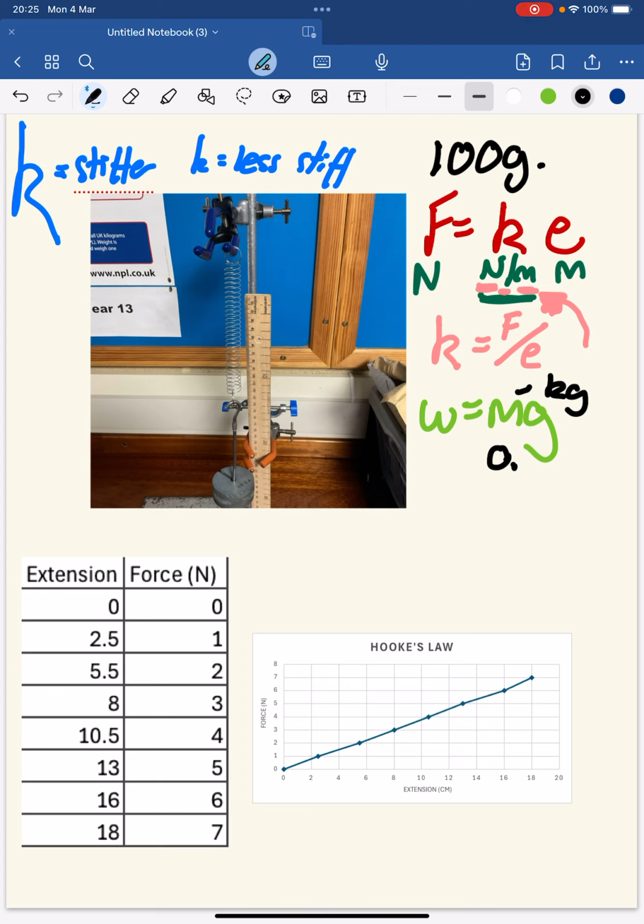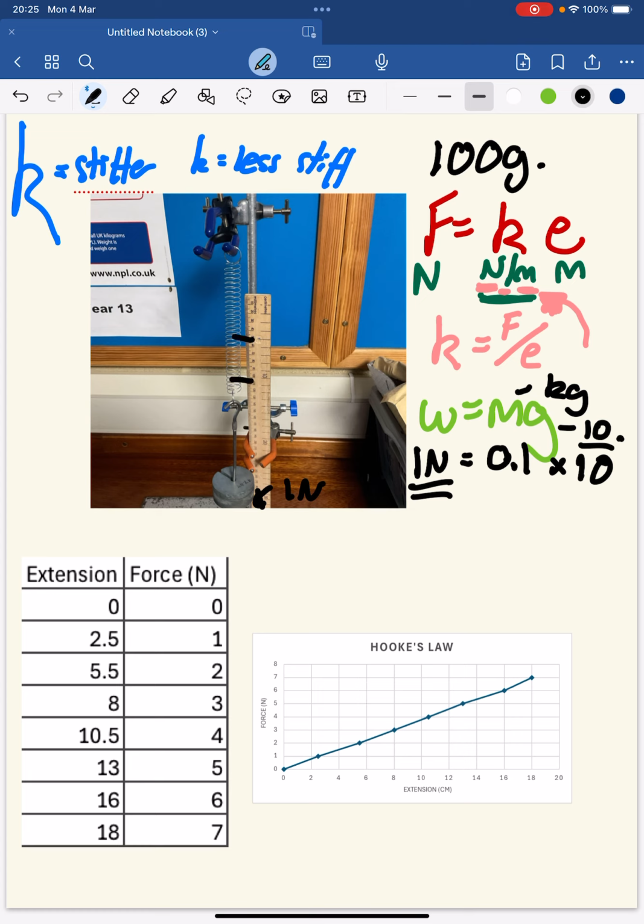So it's 0.1 kilograms times 10. We'll have gravitational field strength of 10. So that's just going to be equal to 1 Newton. So each of these masses here are 1 Newton. And each time we're measuring the extension.